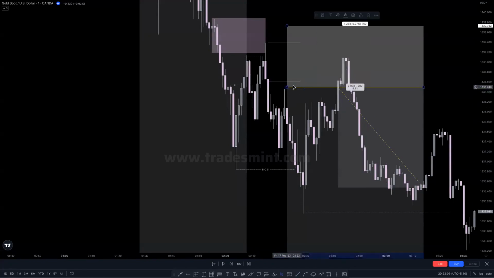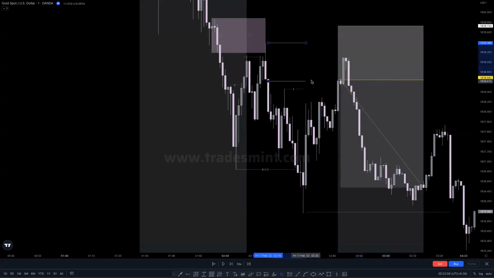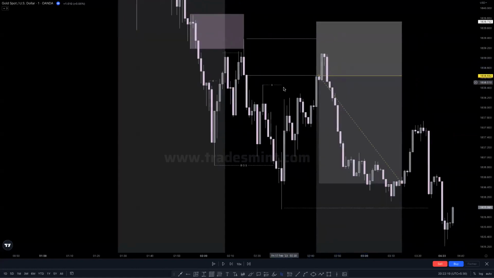And after taking out the inducement, you can sell on this order block. So this entry is still valid here, and this is a minor one, but this is much clearer and better, because this is an extreme, and this is our lower low and lower high. Again, this becomes our lower low and lower high. Why?